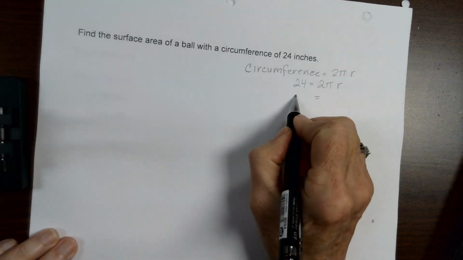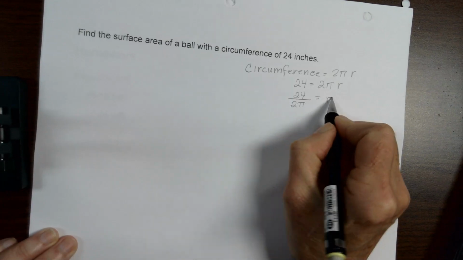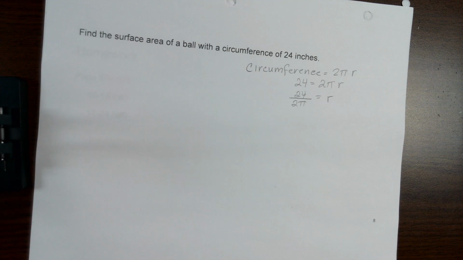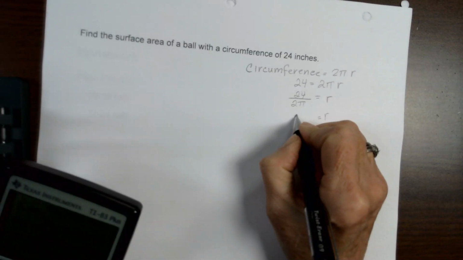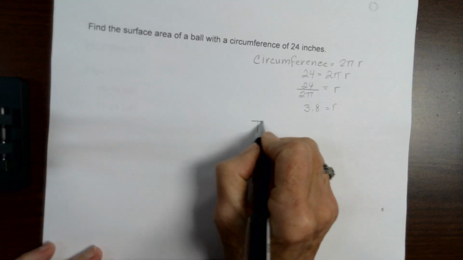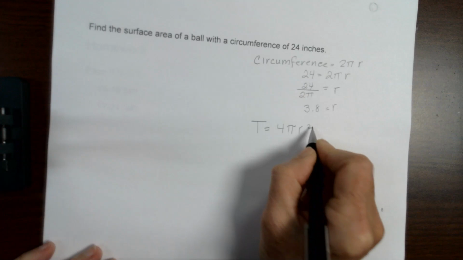So I'm going to take the 24 and I'm going to divide it by 2 pi, and it's going to give me the r. So 24 divided by parenthesis 2 pi is going to tell me that the radius is approximately 3.8. Then I'm going to take that and use it in this formula, 4 pi r squared.